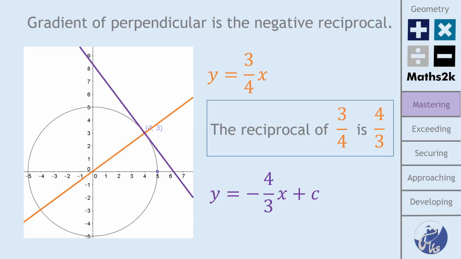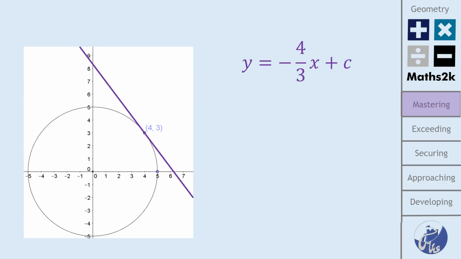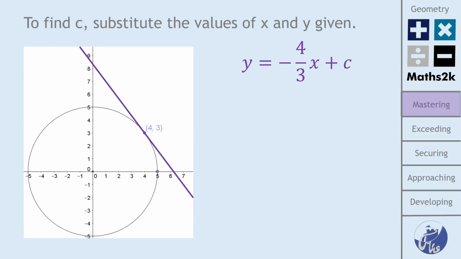I'm not going to change this improper fraction into a mixed number just yet, and I might not do so at all. It depends how I want to leave my answer at the end. But at the minute, all I now need to figure out is the intercept. So in the question, what we did get given was a coordinate that was on the line. So to get c, we'd substitute those values of x and y from that coordinate into the equation that we've currently got.